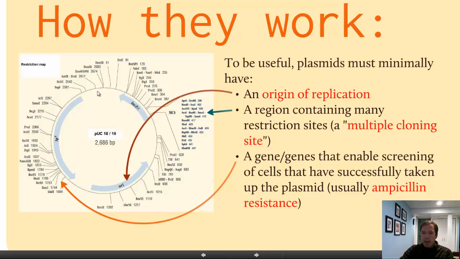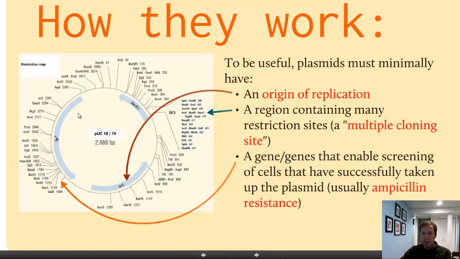We have a region where we're going to have the genes of interest, so whatever gene it is we want this particular plasmid to contain, that's going to get inserted here in this next section. And then we're going to have some type of screening, some way to be able to recognize them. So in this case, ampicillin resistance can be one.